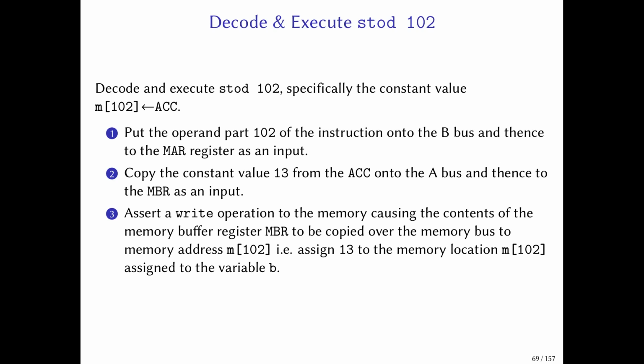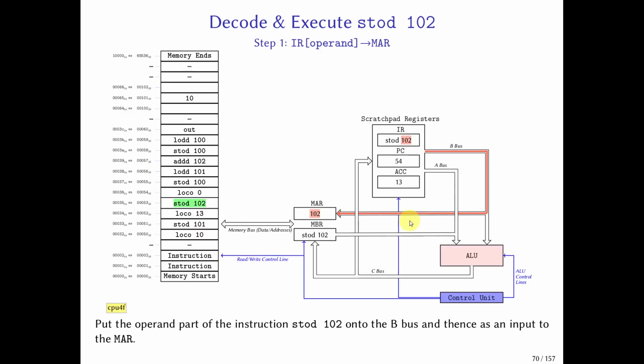Okay, so in this particular instance, x is 102, and we can see that what's going to happen is that the value 13, which was put into the accumulator by the third machine code instruction, is going to end up being copied into memory cell 102. And remind yourself that all our variables A, B and C are stored in separate cells. So B is stored in memory address 102.